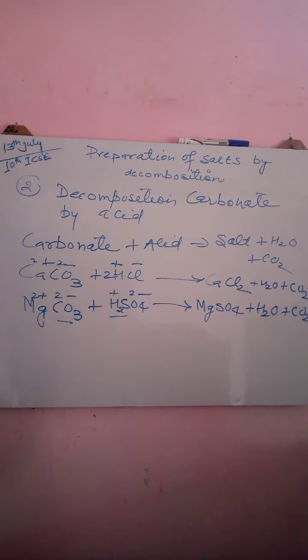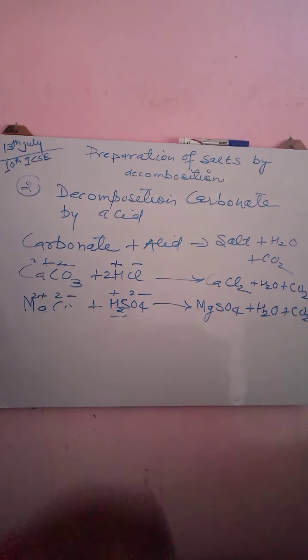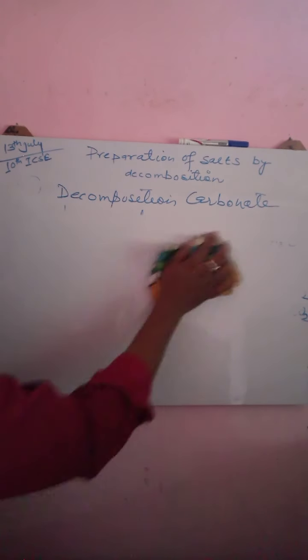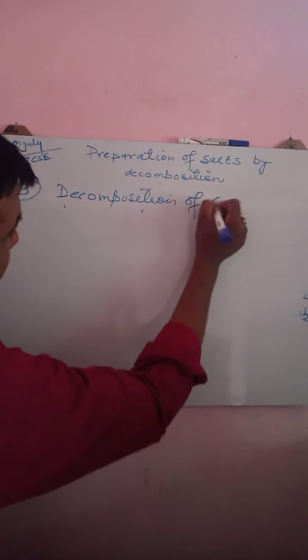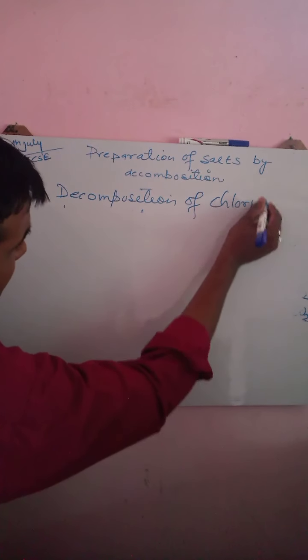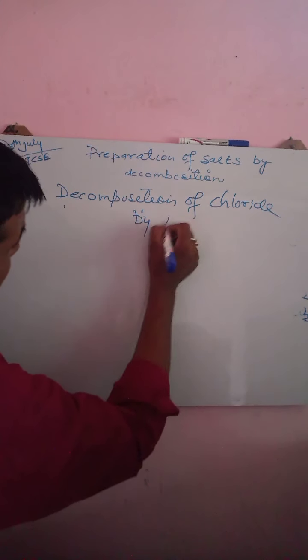Now come to number 3, decomposition of chloride by acid. Let us see the reaction.